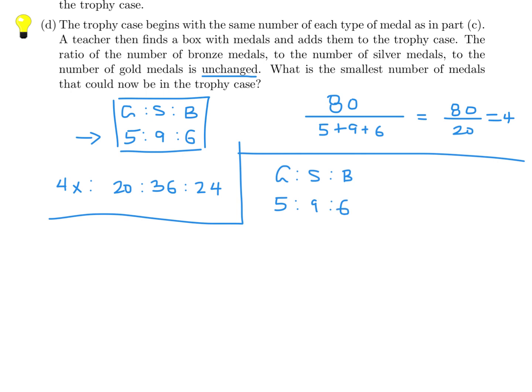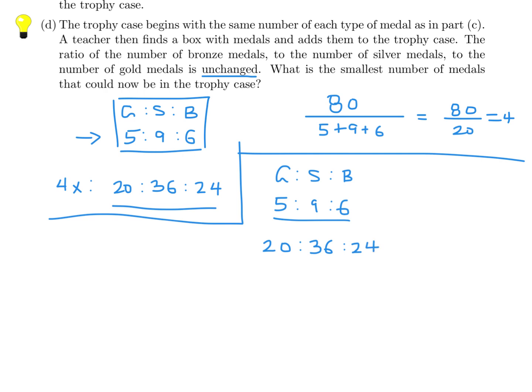Okay, so we want to maintain that ratio because it's saying it's unchanged. I think that ratio is maintained as long as you just add this many. So we started with 20, 36, and 24.